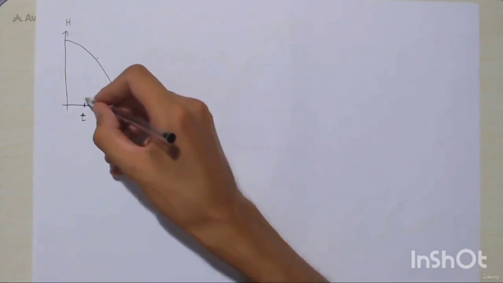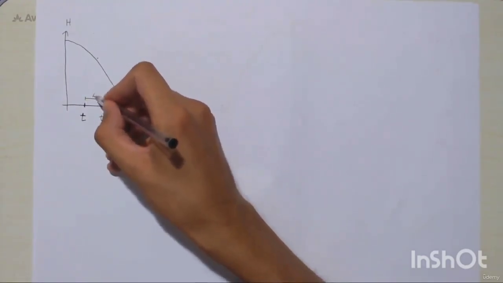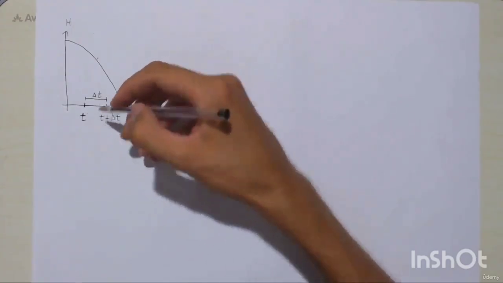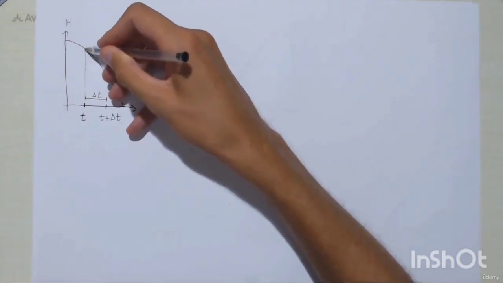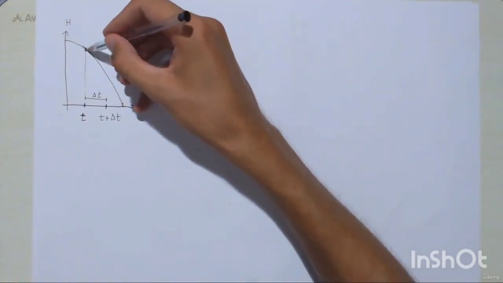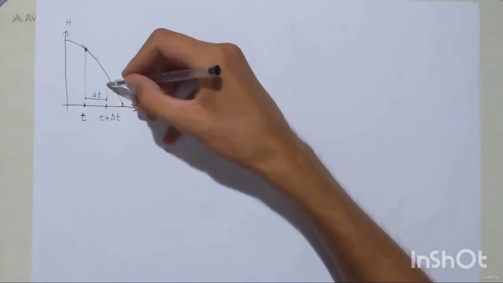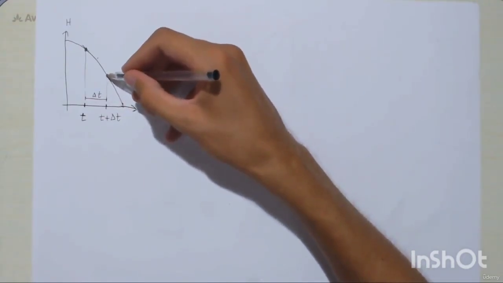That means that this interval here is delta t, so that the time has increased by delta t. So I have 1 point here, and our goal is to find the instantaneous change at this point, all right? So we want the instantaneous change at time equals t. But now we also have another point here, time equals t plus delta t.